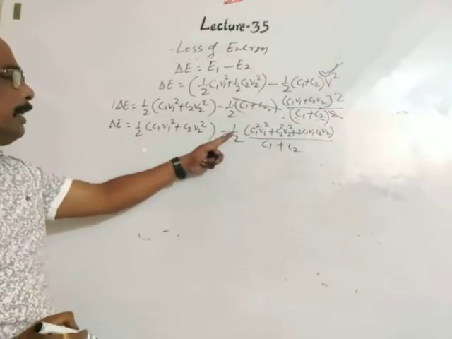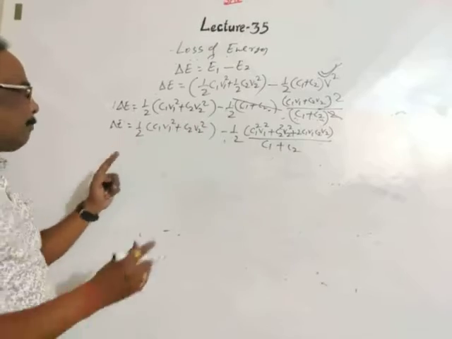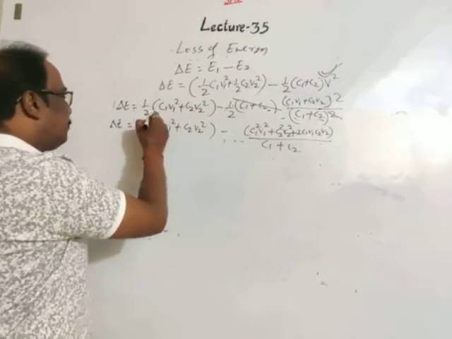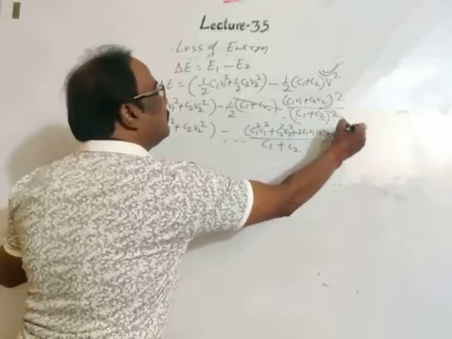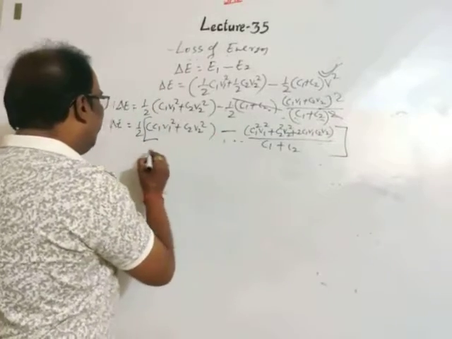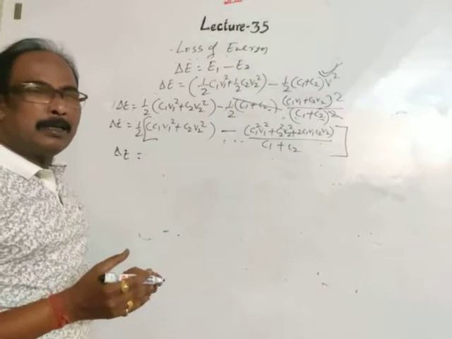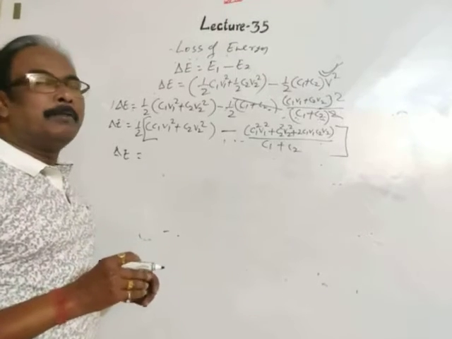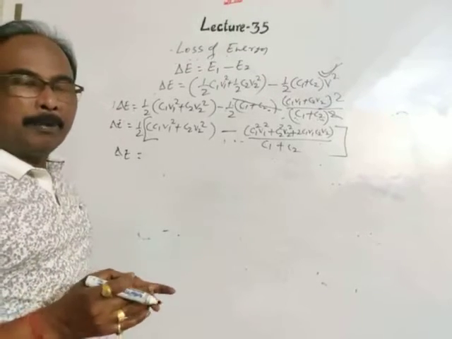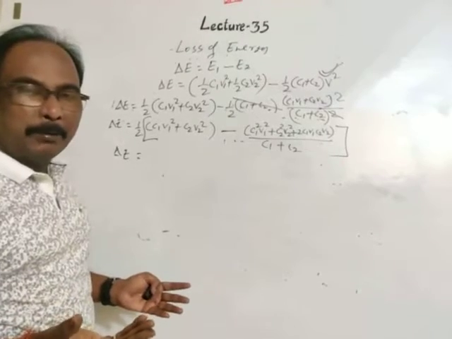Okay. First bring half common. Half and half, bring it common. Then delta E. Derivation is longer but easier. Just after deriving, you just remember the final formula for application in numericals.